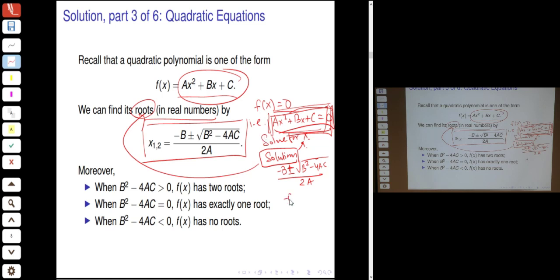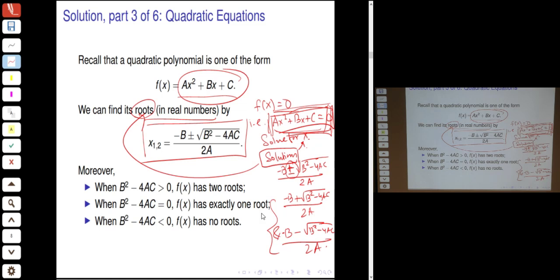These two solutions are minus b plus the square root of b squared minus 4ac over 2a, and minus b minus the square root of b squared minus 4ac over 2a. So it's just two, and we denote this in a combined way by using the notation plus minus.